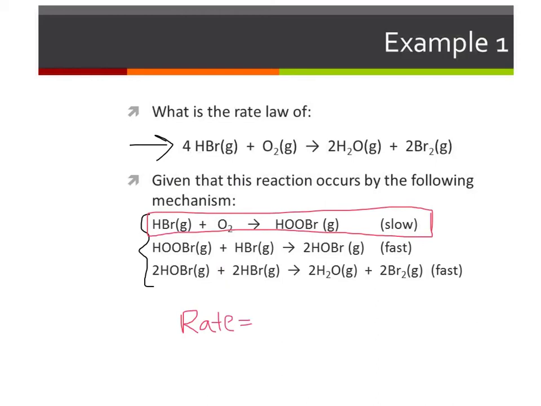The rate expression for this reaction then is going to be dependent on the HBr concentration and on the O2 concentration. It's pretty easy then if the rate determining step is the first step, because it looks very similar to those one-step mechanisms that we previously figured out.